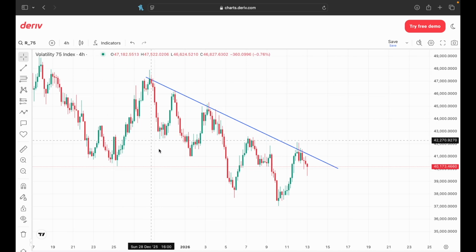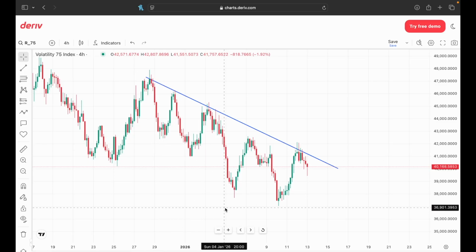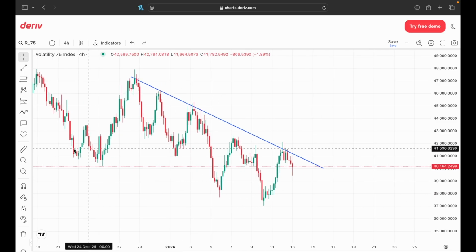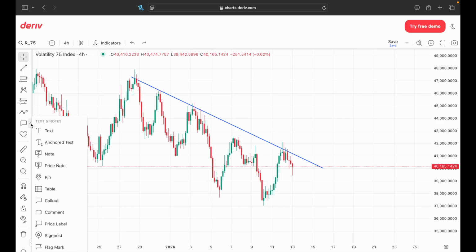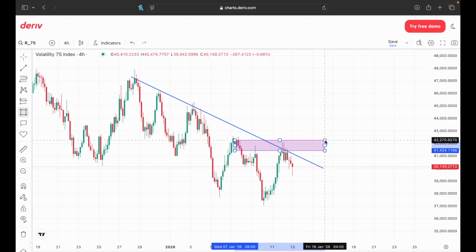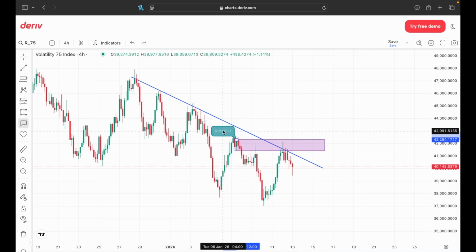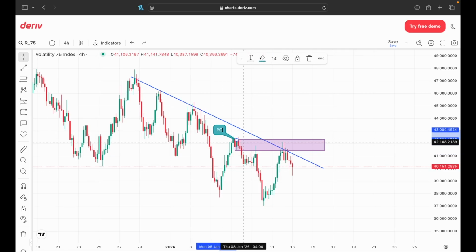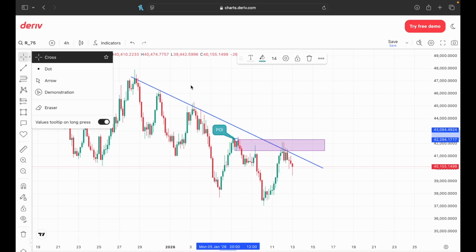I started on the 4 hour, right? And I notice this level right here. Notice this area of interest right here. So we're gonna label that point of interest.